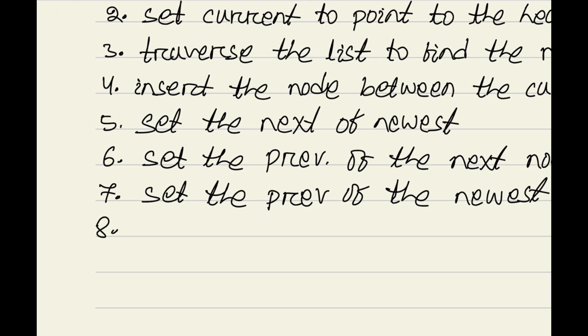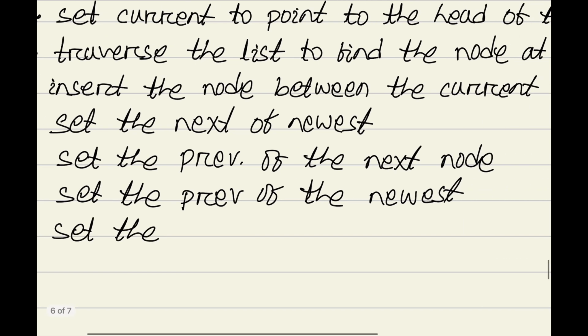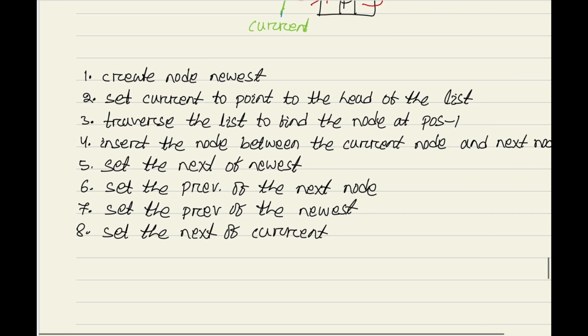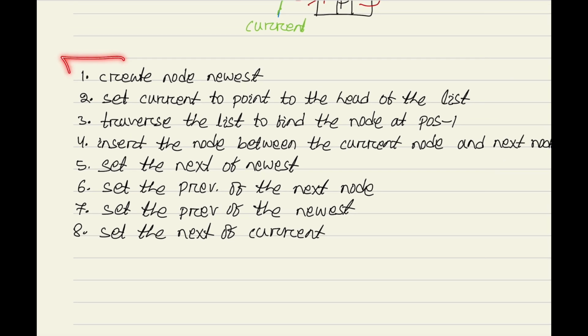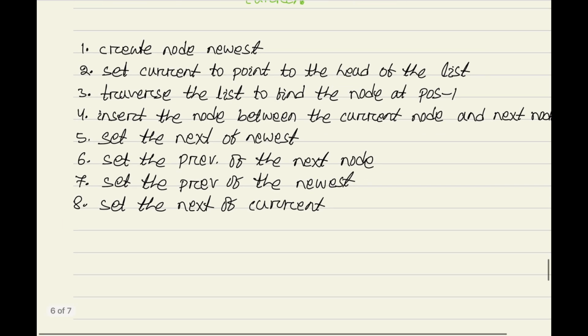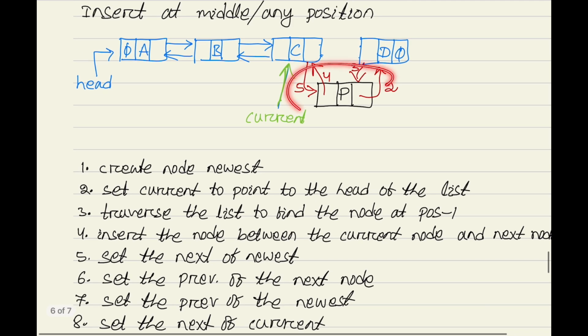And 8, set the next of current. So these are the 8 steps we need to follow if we want to insert a node at a given position or at middle. So these 5, 6, 7, 8 are here written as 2, 3, 4, 5.